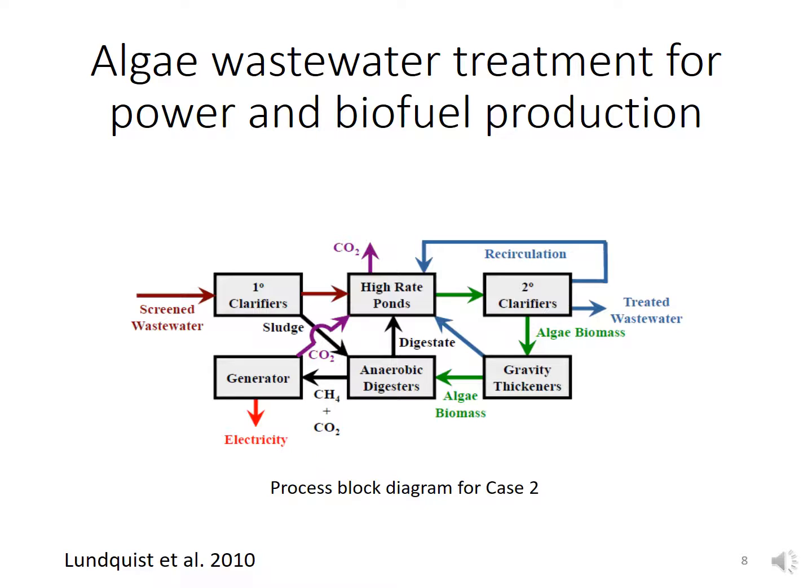The algae which has grown can be separated in a second clarifier and eventually harvested and sent to a digester. The digester will convert most of the algae into methane and CO2. The methane can be combusted just like natural gas to produce electricity. The solids that are remaining from the anaerobic digester will be recycled back to the ponds because they include a lot of the nutrients and the minerals that the algae need. And eventually any remaining carbon there will be released as CO2 from the system.